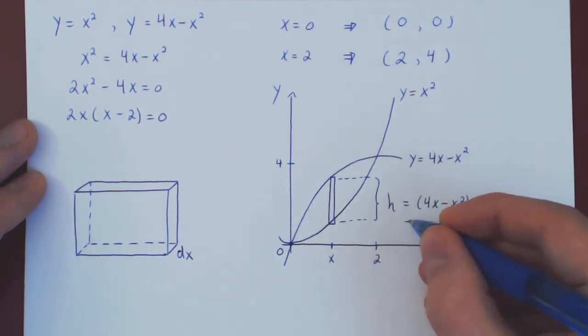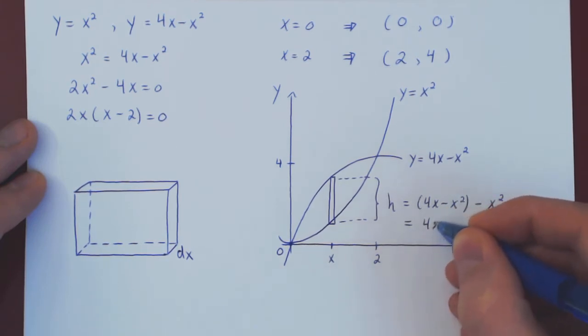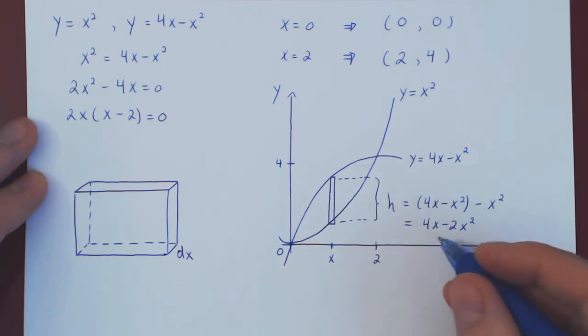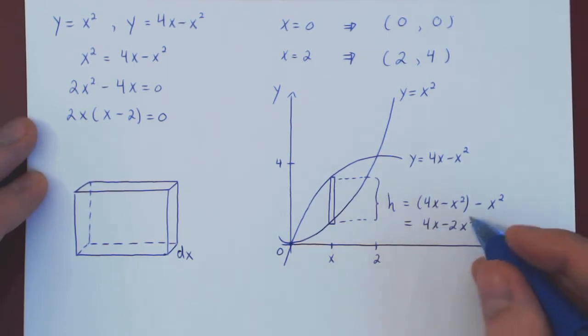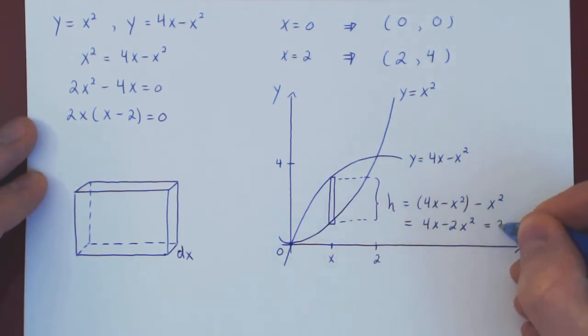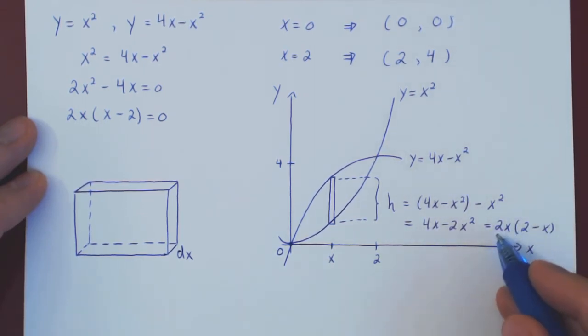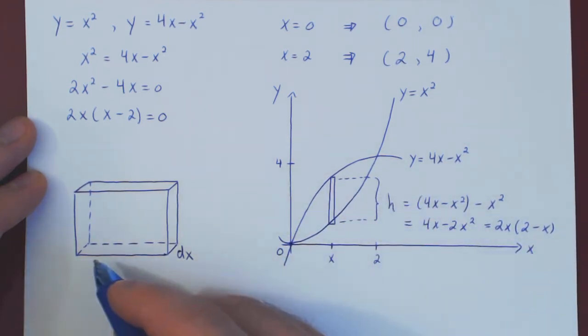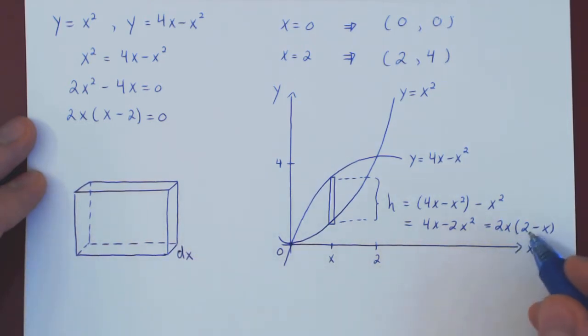If you subtract, you obtain 4x minus 2x squared. We can factor out a 2x. So factored, we get 2x times 2 minus x. 2x times 2 is 4x, and 2x times negative x is negative 2x squared. So we now have the length of the base of our square, 2x times 2 minus x.